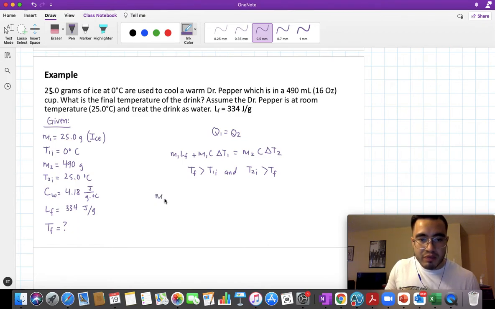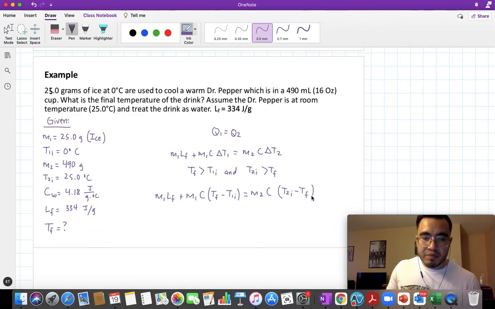So mass 1 times latent heat of fusion plus mass 1 times specific heat, parentheses, temperature final, minus temperature 1 initial, equals mass 2, specific heat, parentheses, temperature 2 initial, minus temperature final.